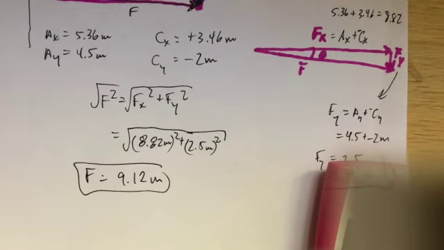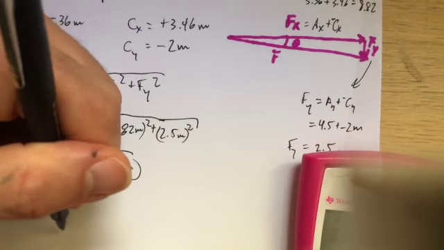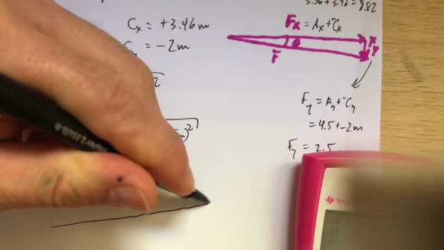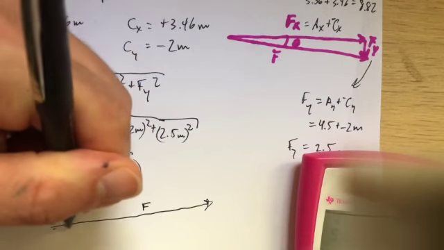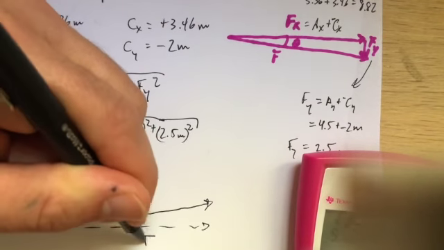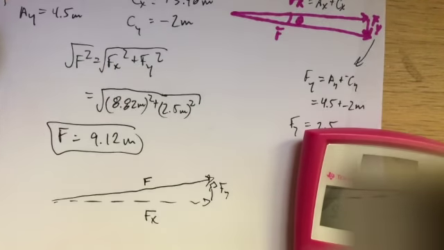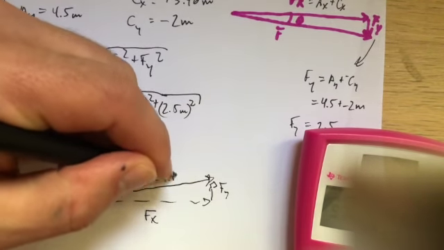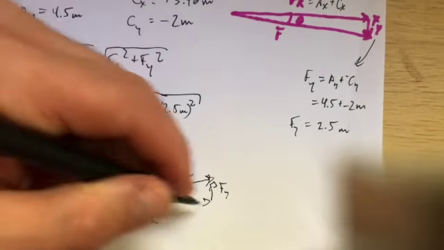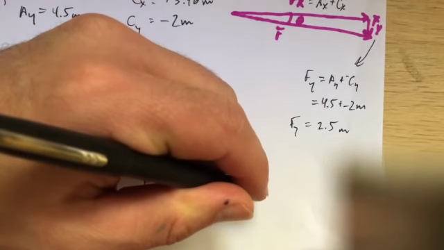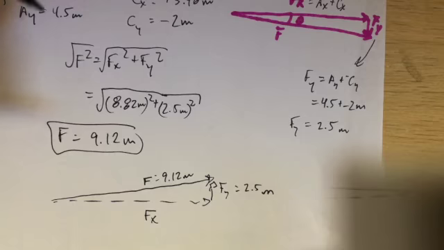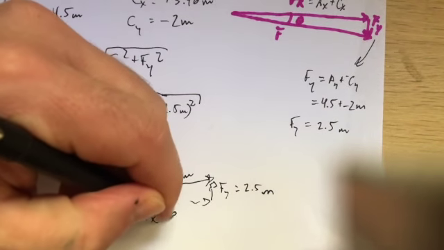Let me redraw that triangle correctly. This is going to be F. This is Fx. This is Fy. This we just found out is 9.12. This is 2.5. And this is 8.82.